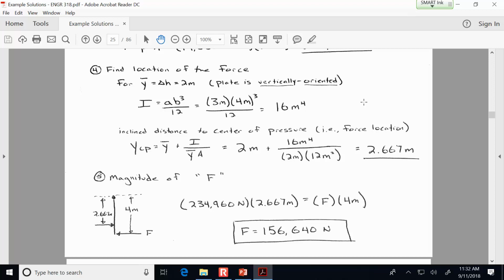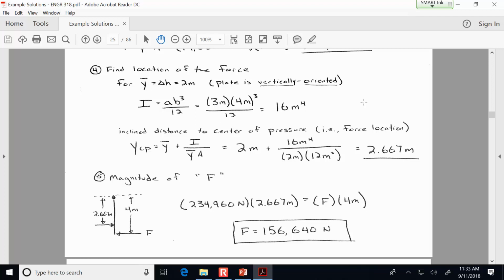The last thing it's asking for is the magnitude of this force that we would have to apply to keep the gate closed. Because you've got the water giving a counterclockwise rotation due to the hinge, and so we have to apply some force to keep that gate so that it doesn't open.